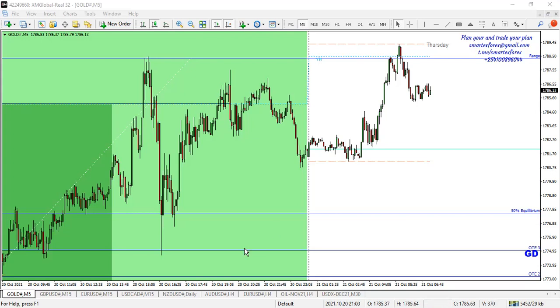The reason I usually look at just these four is to show you that you need to be precise and specialize in certain pairs. This will help you track every move of the market.